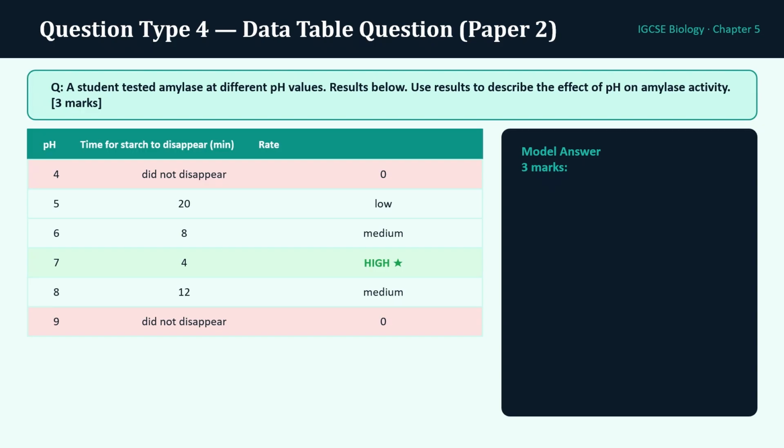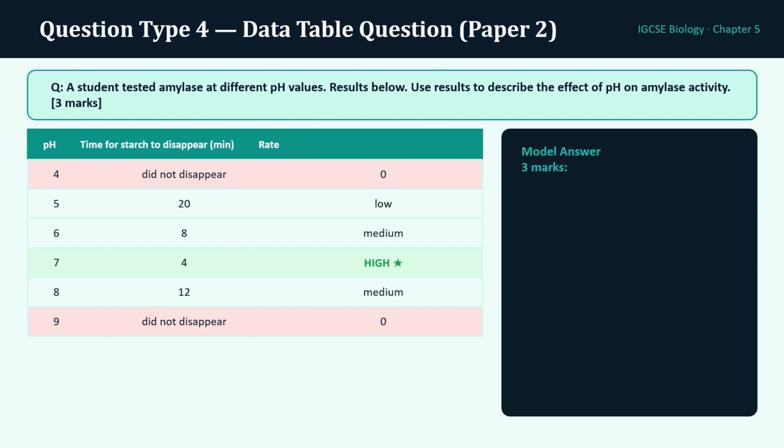This means amylase had no activity. It is too far from the optimum pH value, so the enzyme gets denatured. As pH increased from 5 to 7, the time decreased from 20 minutes to just 4 minutes. It shows shorter time means faster reaction and higher enzyme activity.